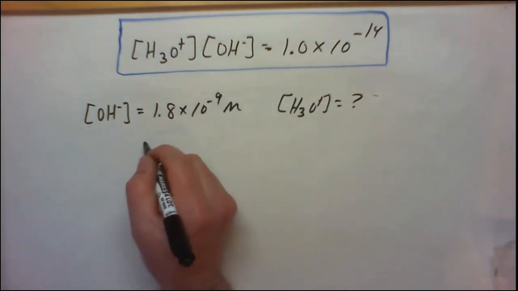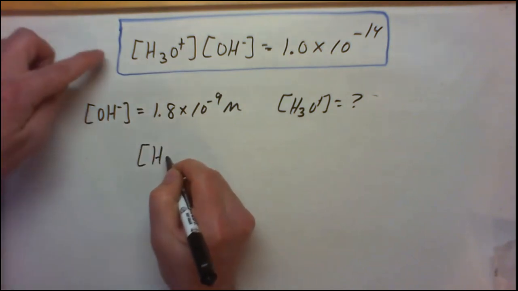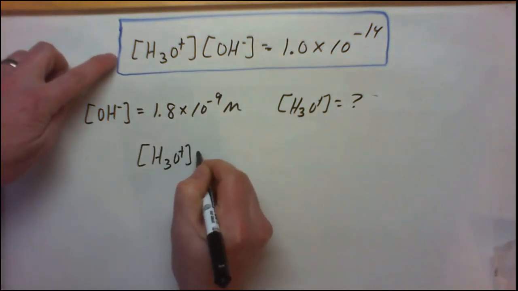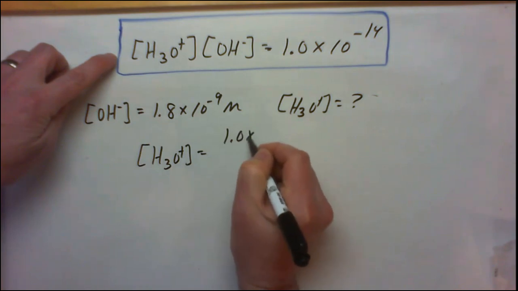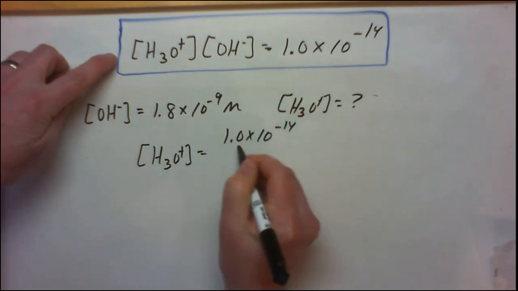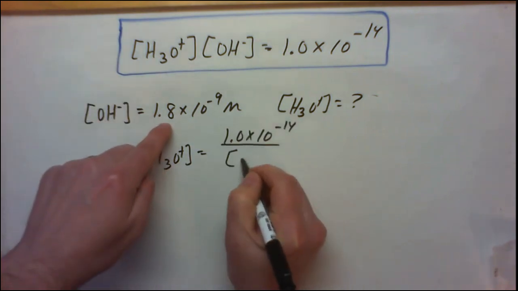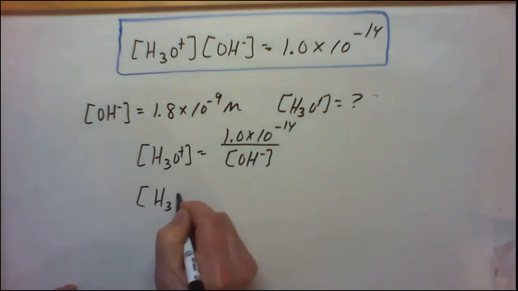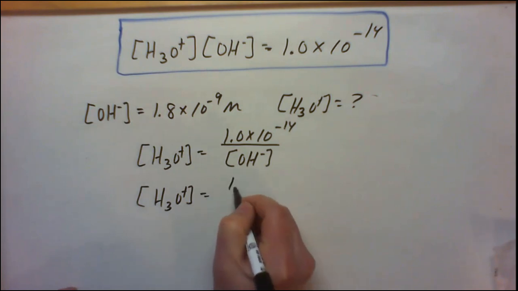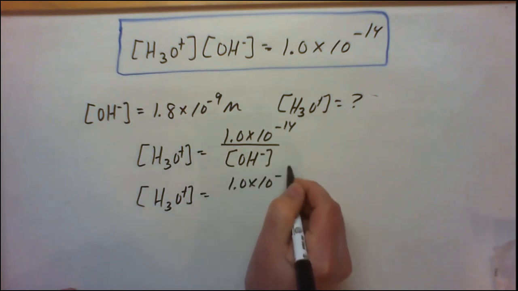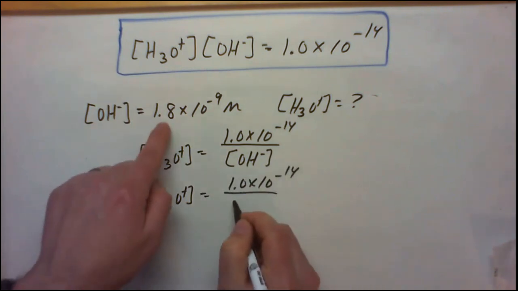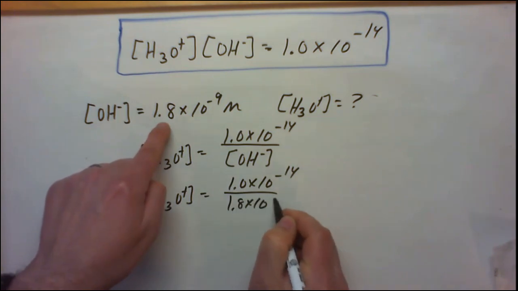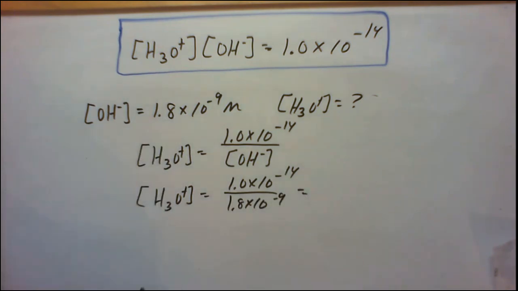To solve for hydronium, I rearrange this equation. It's equal to 1 times 10 to the minus 14 divided by the hydroxide concentration. So we plug in our number: hydronium concentration is equal to 1 times 10 to the minus 14 divided by 1.8 times 10 to the minus 9, which gives us an answer.